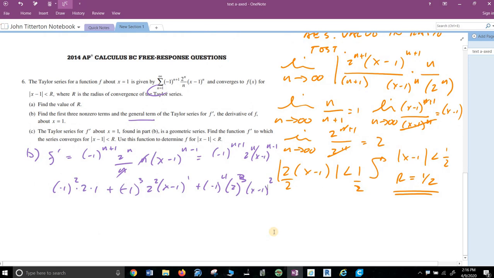I think I'm out of space here. Oh, I'm not. Good. So my three terms are 2 minus 4(x minus 1) plus 8(x minus 1) squared.